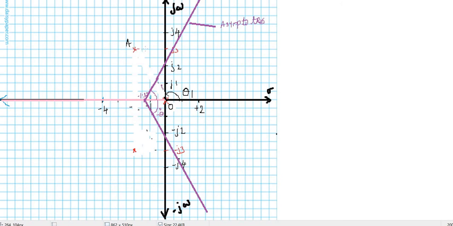So, corresponding to this complex pole, that is A, the angle of departure is minus 33 degree.